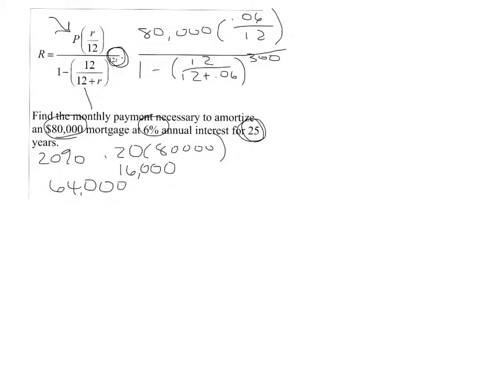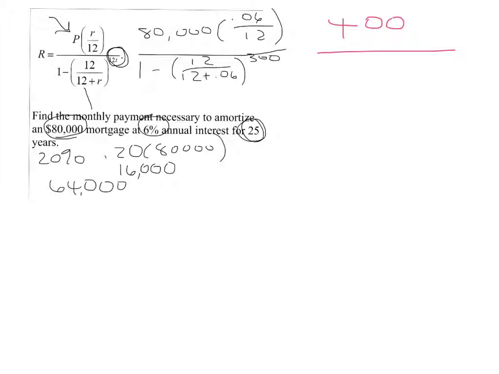So if I take my calculator and I do 0.06 divided by 12, I get 0.005. And 0.005 times 80,000 is 400. So that's what goes on the top. So let's just put that there beside it. That's the figures from the top.